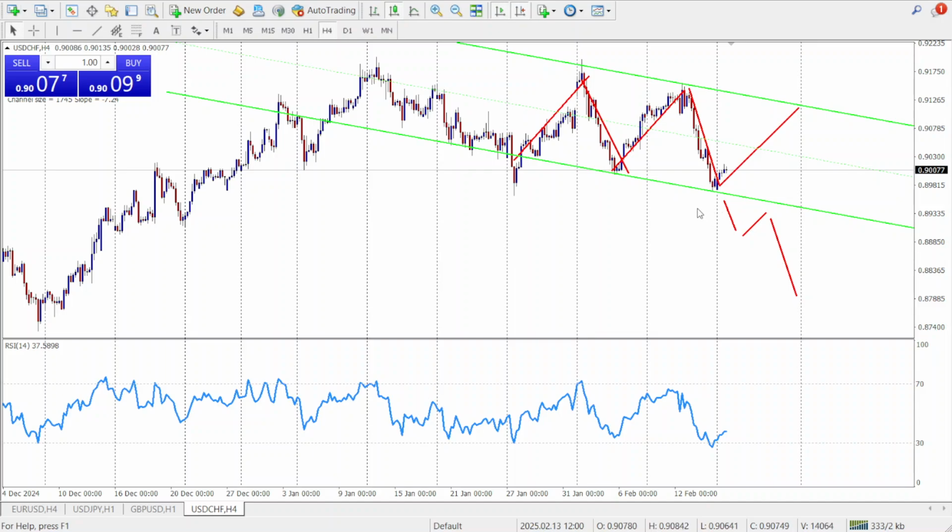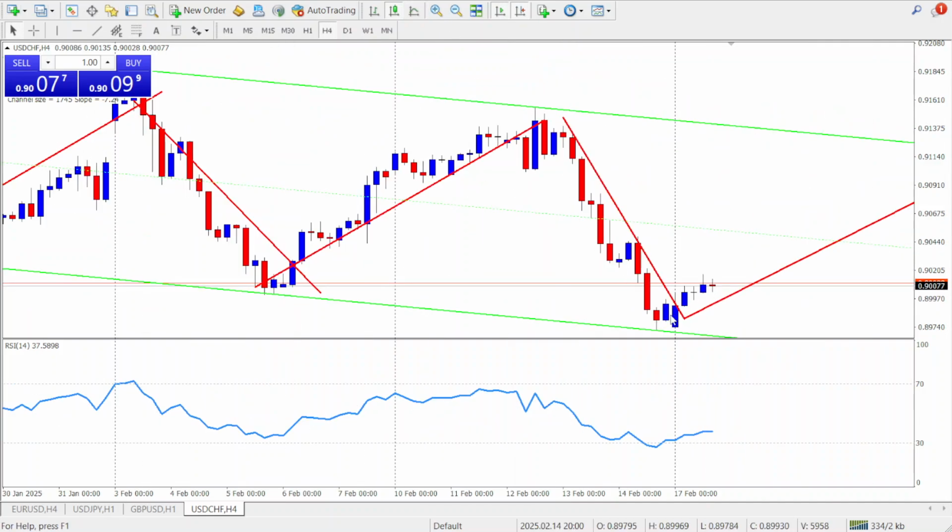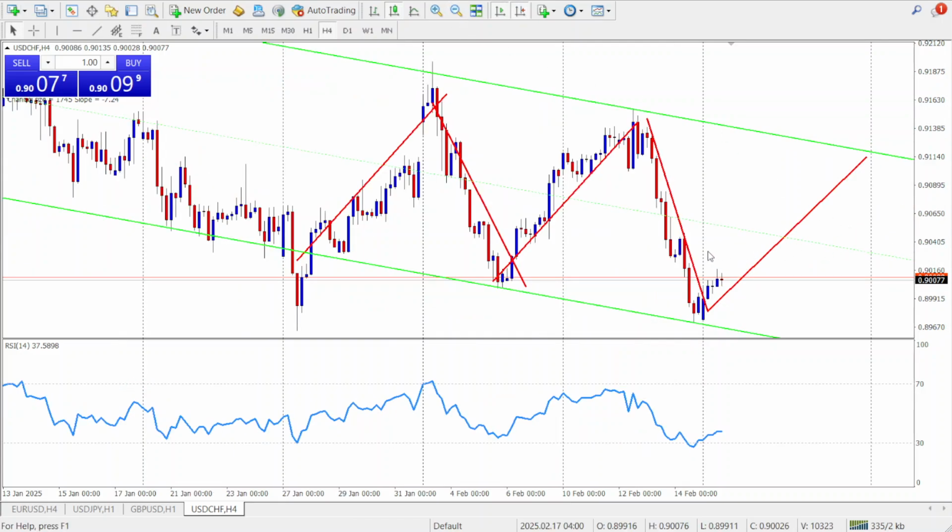So you might want to look for confirmation through candlestick patterns like pin bars or engulfing patterns before entering a trade. Now, these are just a few ways to use the auto trading channels indicator to your advantage. Of course, no indicator is perfect, so always use proper risk management and confirm signals before entering trades.